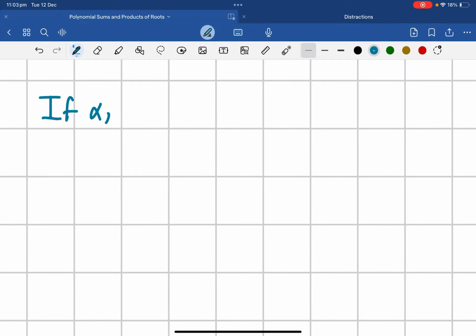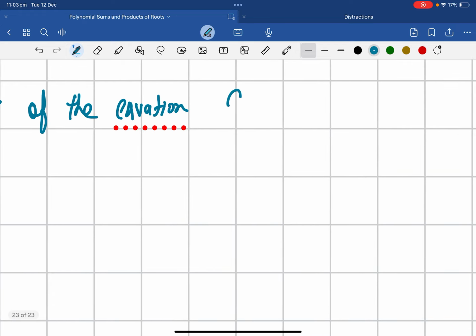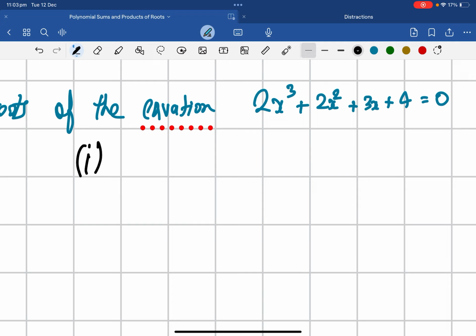If alpha, beta, and gamma are the roots of the equation 2x cubed plus 2x squared plus 3x plus 4 is equal to 0, well then find the value of, in that case, alpha plus beta plus gamma.